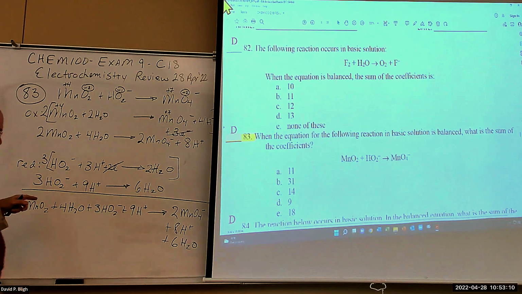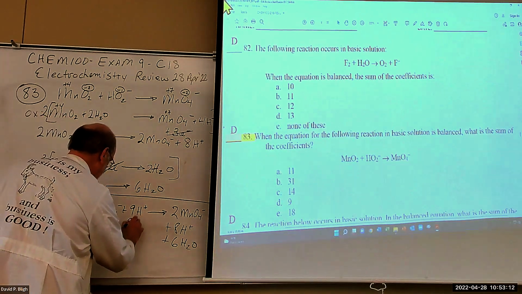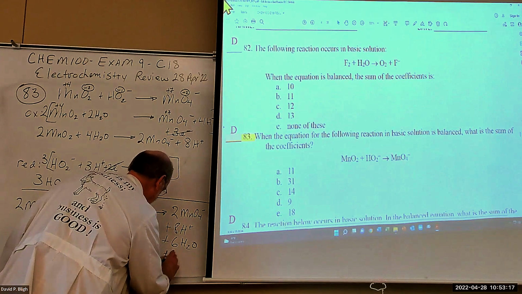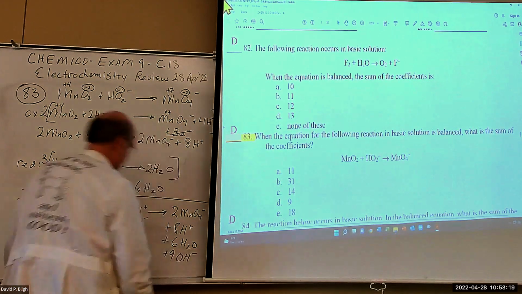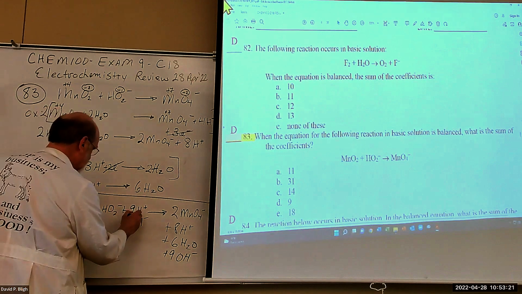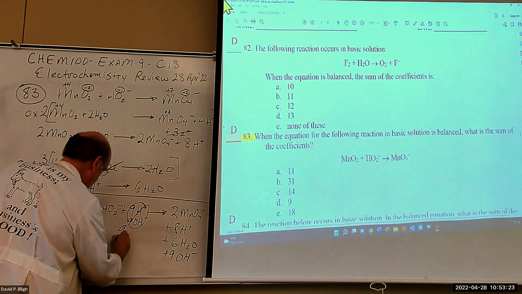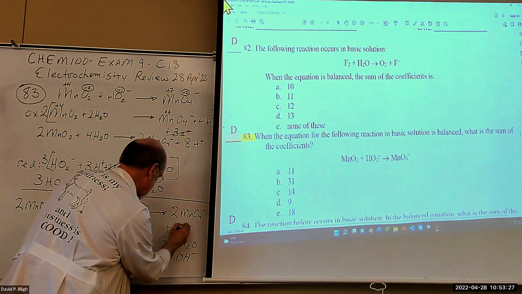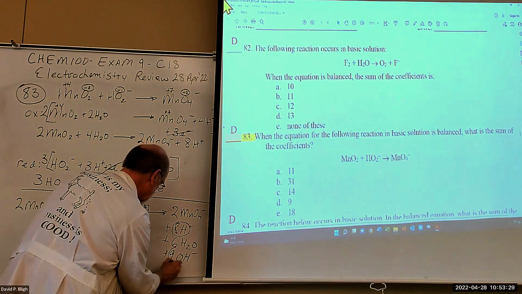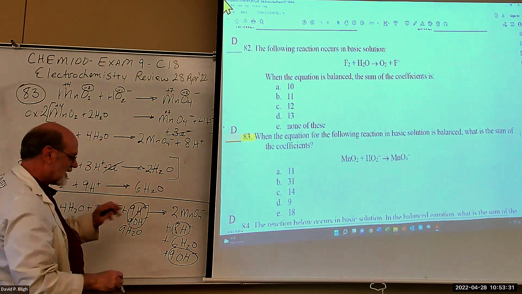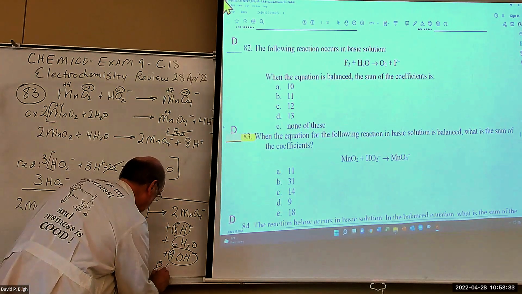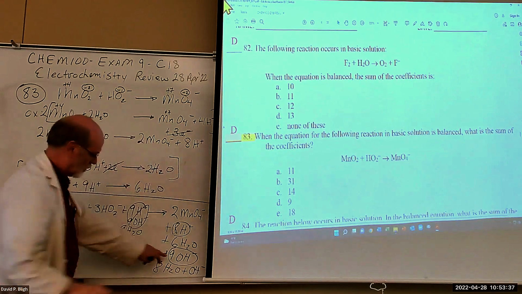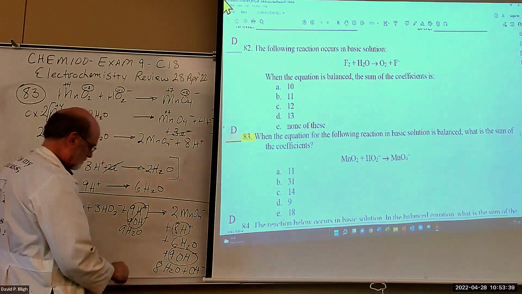Okay, let's get rid of the hydrogens. 9 hydroxyls here, 9 hydroxyls there. This makes 9 waters. This makes 8 waters plus a hydroxyl. You have 1 hydroxyl left over.